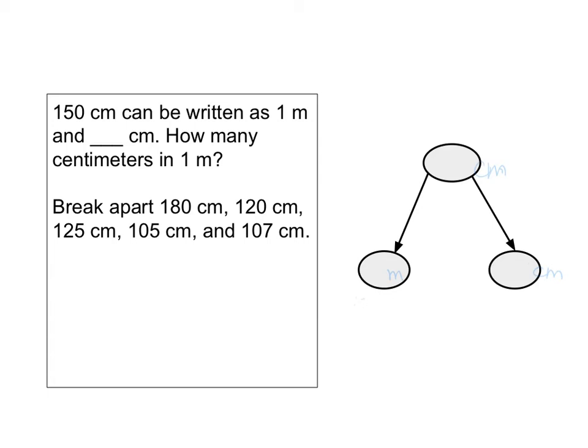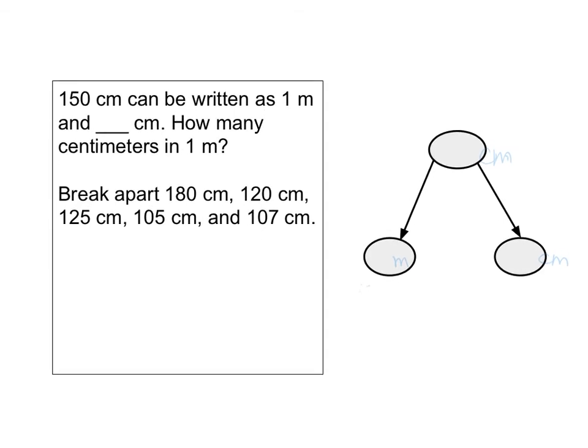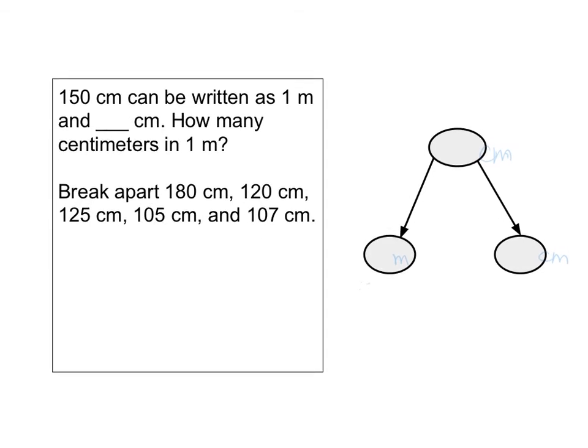Sorry, you can tell I haven't been doing this for a little bit, and so I'm a little rusty. So 105 centimeters becomes how many meters? 1, and we're left with 5 centimeters. These can sometimes get a little bit tricky, maybe not going this way, but sometimes going the other direction.